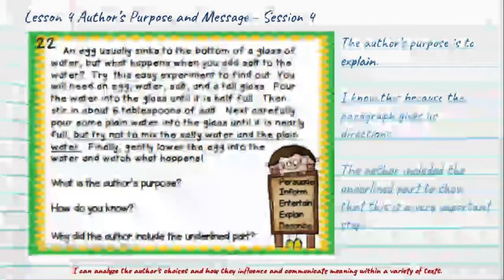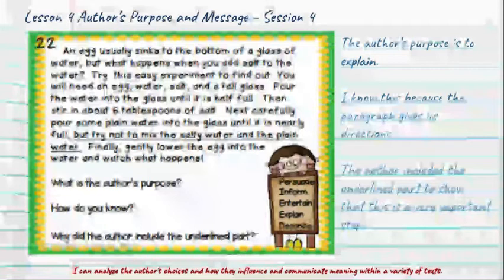Here's another example. An egg usually sinks to the bottom of a glass of water. But what happens when you add salt to the water? Try this easy experiment to find out. You will need an egg, water, salt, and a tall glass. Pour the water into the glass until it is half full. Then stir in about 6 tablespoons of salt.